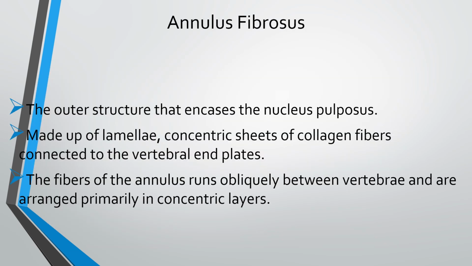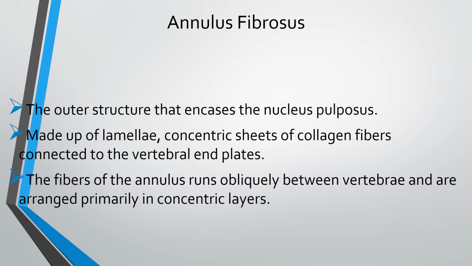Then the annulus fibrosus, this is the outer structure that encases the nucleus pulposus, as we've seen from the slide before. The annulus is the outer layer, and it encases the nucleus pulposus, made up of lamellae, concentric sheets of collagen fibers connected to the vertebral end plates.